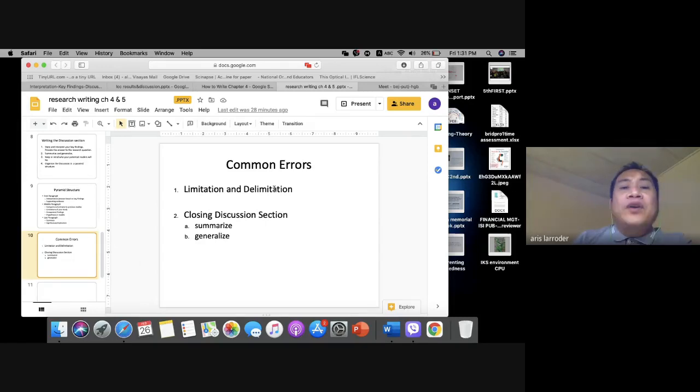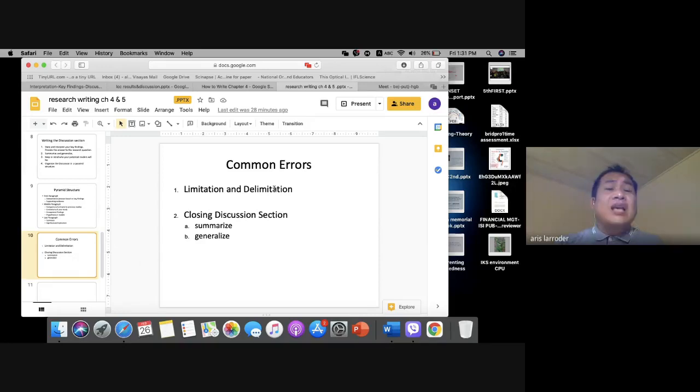So delimitation is more of a disclosure. However, when we speak of limitation, these are aspects of your study that, during the conduct of the data gathering, you did not anticipate, that could have been part of the design. So limitation is humbling down, and you do not repeat all these factors or variables in your limitation.